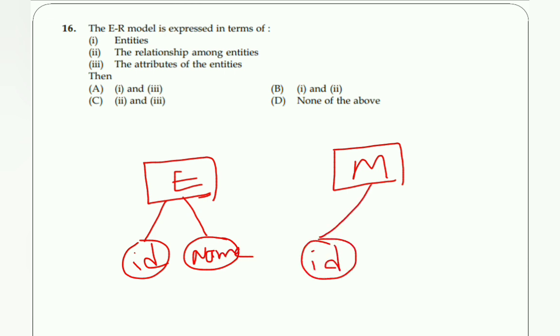So these are the properties of the entities or attribute values of the entities. And there is a relation between the employee and manager. So this diagram is called as the entity relationship model. And employee also has a relationship with the customer. Okay, so like that, we can draw the entity relationship diagram of the insurance company. So here for the given question, the answer is B. That is 1 and 2. Entities, relationship among the entities.